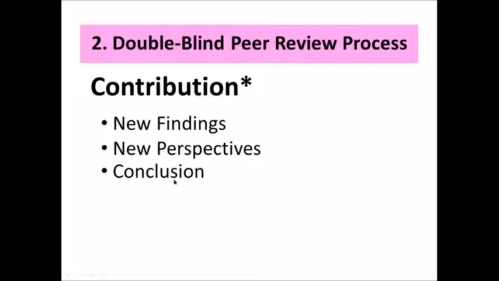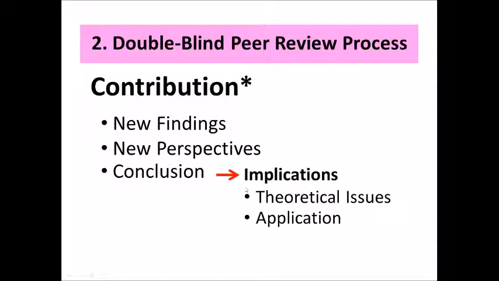But the conclusion part is also another important part. Even though it is the last section, don't forget to write the implication. This is so important. Your implication is the benefits of what you have got from your findings, from your research. The implication can be in terms of theoretical issues.